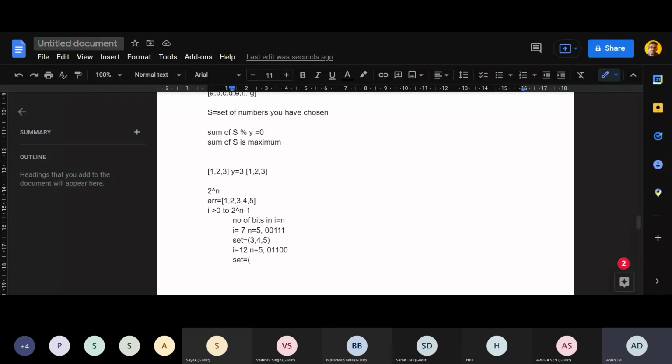Then there is a 1, so we include 2. Then again there is a 1, so we have 3, and we don't have any other set bits. So the set for 12 is 2, 3.